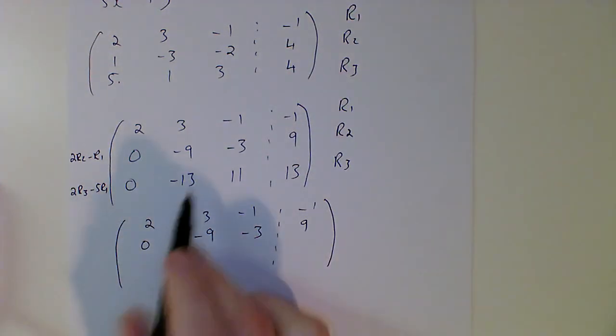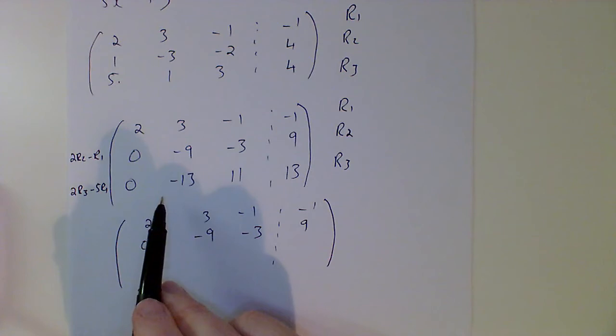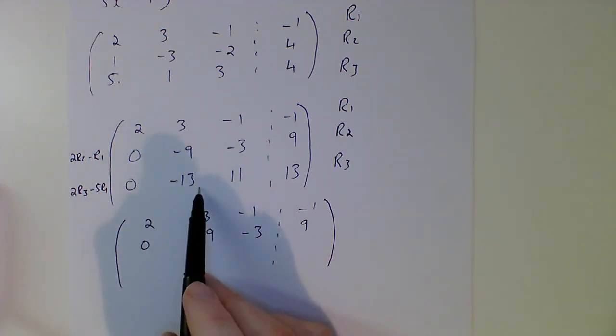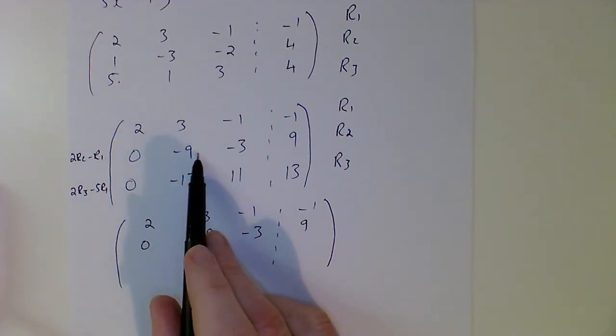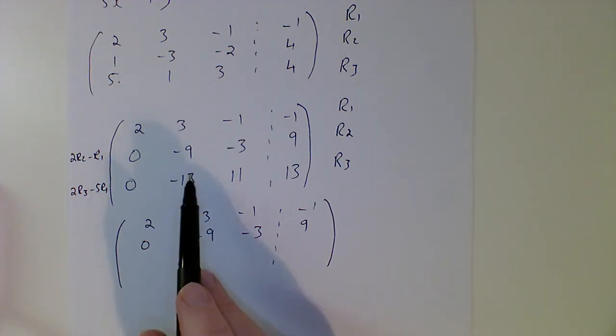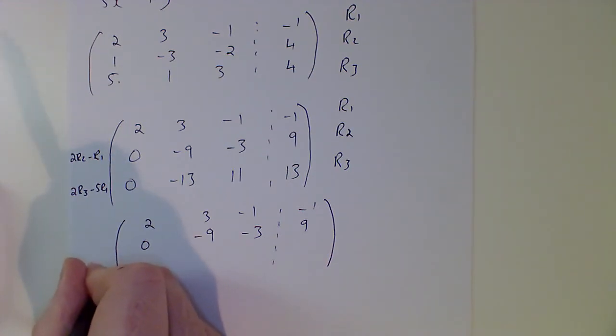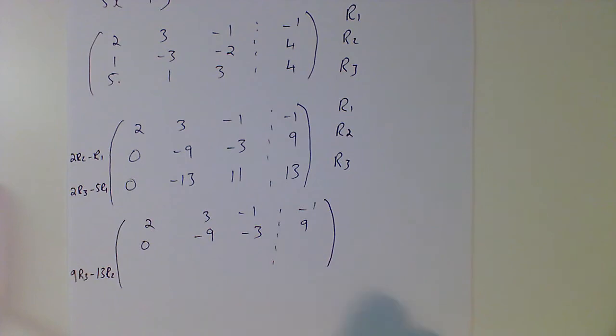And so I need to make this one 0 right now. So see, if you get complicated numbers, just think, right, if I do 9 of that and 13 of that, then it will just do the same thing, and they're both the same sign, so it's got to be subtract. So 9R3 take away 13R2.